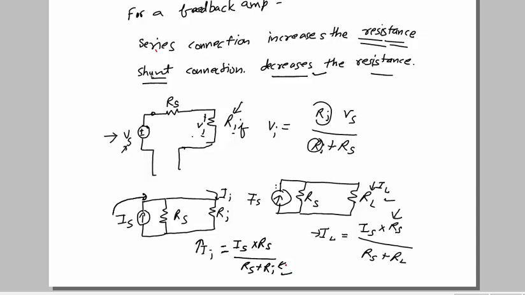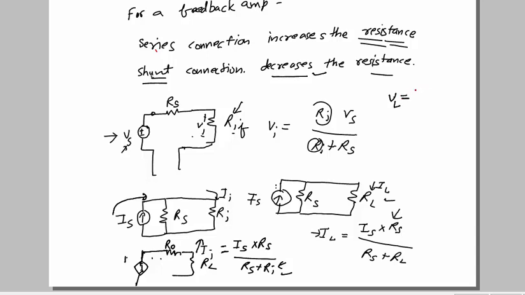Similarly, on the output side, when we have a shunt connection, it is when the output is a voltage. So suppose this voltage we are having, this is the R naught and this is the load here, RL. What is the voltage across RL, which is VL?